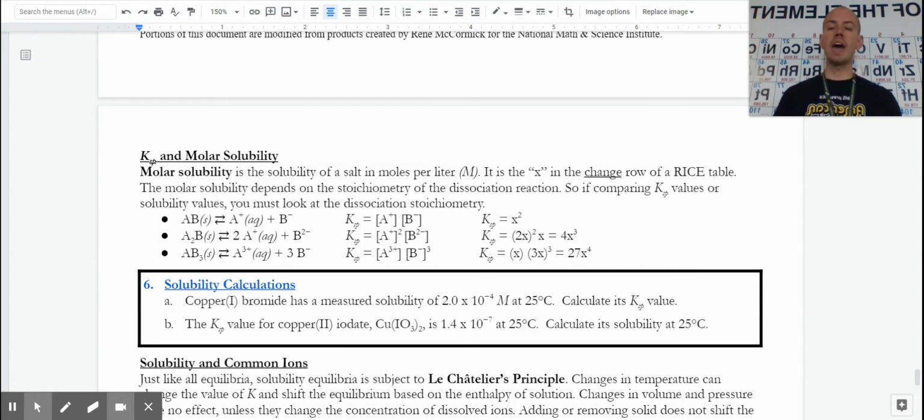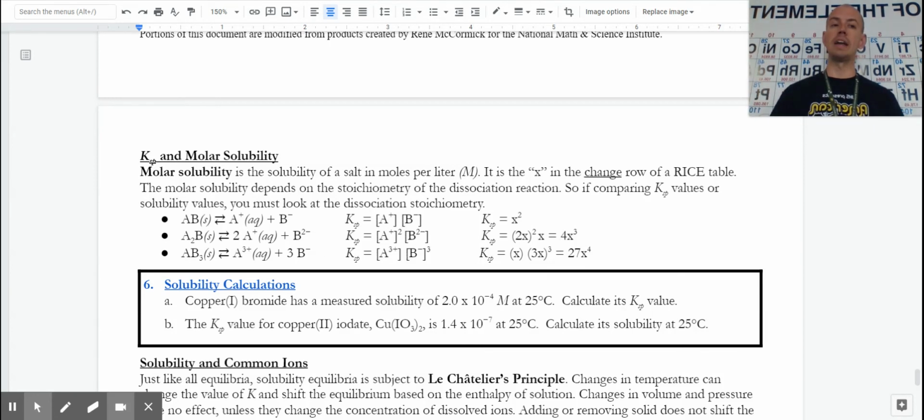So when we do that, we need to look at our initial solid. When it's a 1-to-1 ratio, whether they're both +1 and -1, +2 and -2, whatever that is, the math comes out really easy. It's one of these for every one of those, or KSP is equal to x squared. But once we start to have subscripts based upon different charges, yes, it's still just the concentration of A in there.